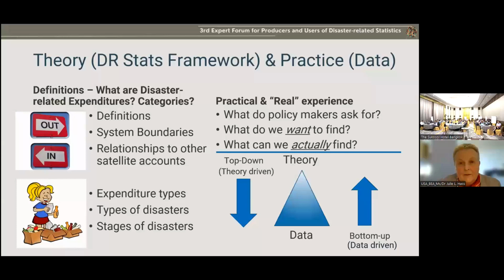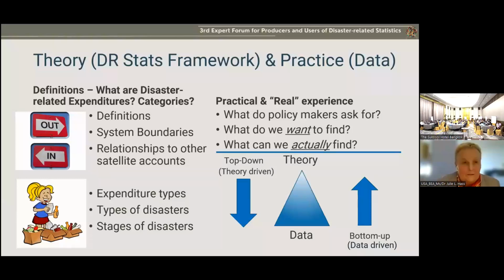And then we have the other side of the coin, which is practical and real experience. We want to make sure our statistics answer questions that are relevant for policymakers. We want to know, what do we want to find, so we can go looking for it. But we also need to figure out what we actually do find.